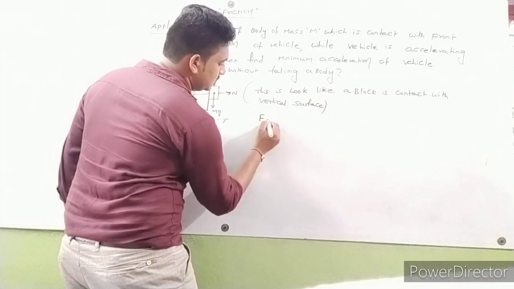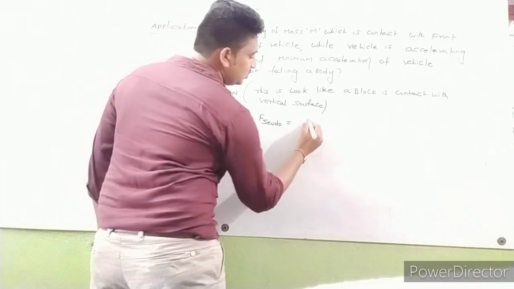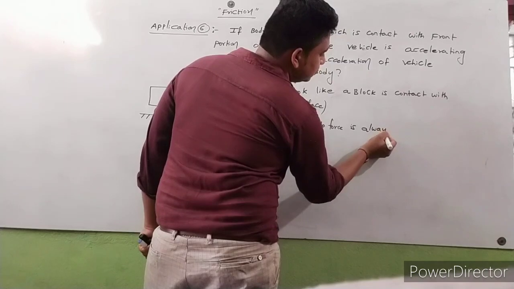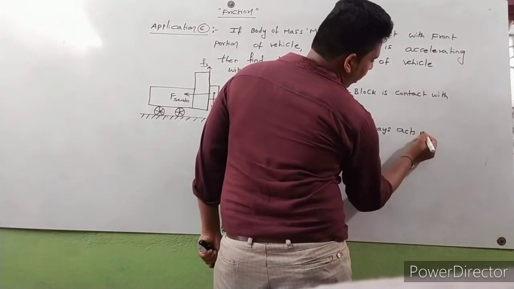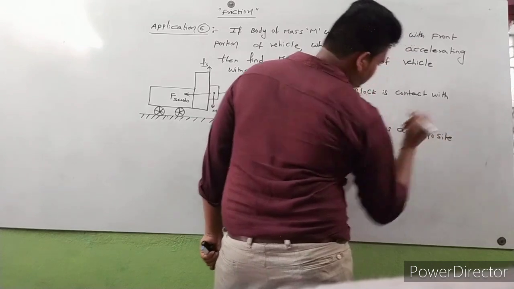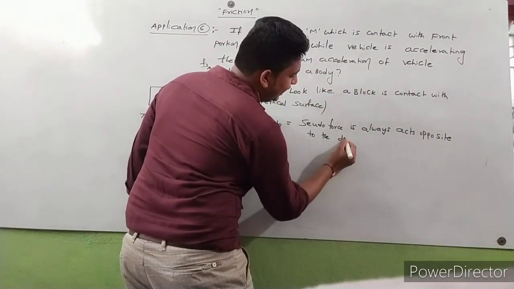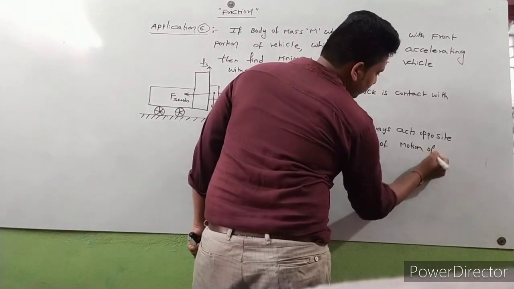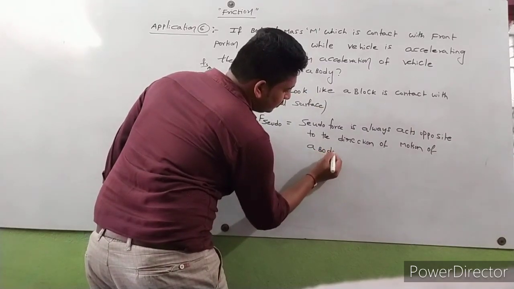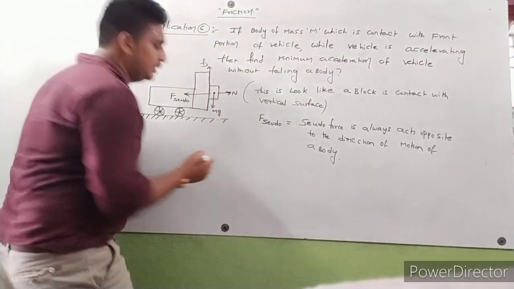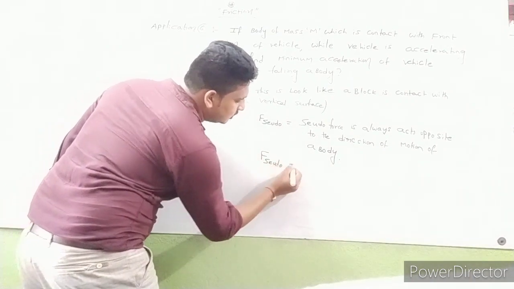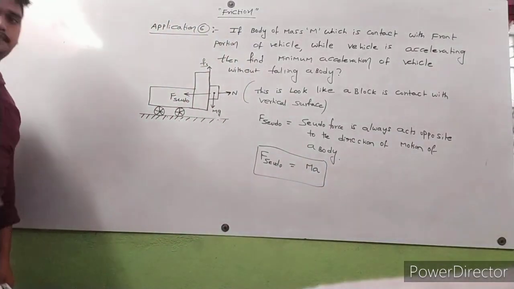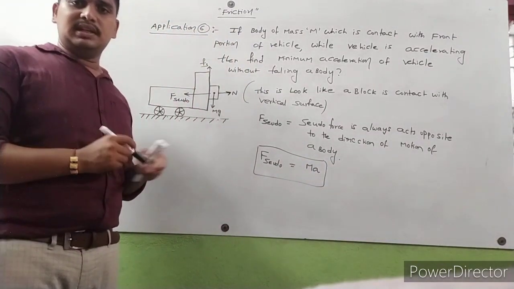The pseudo force always acts opposite to the direction of motion of the body. Then F pseudo is equal to m into a.